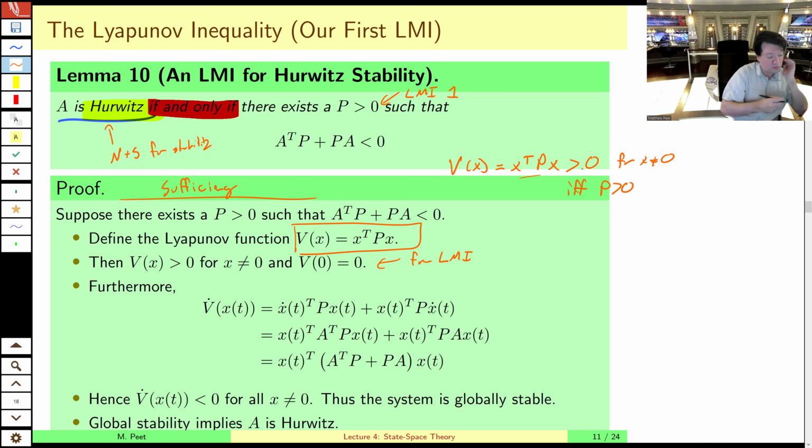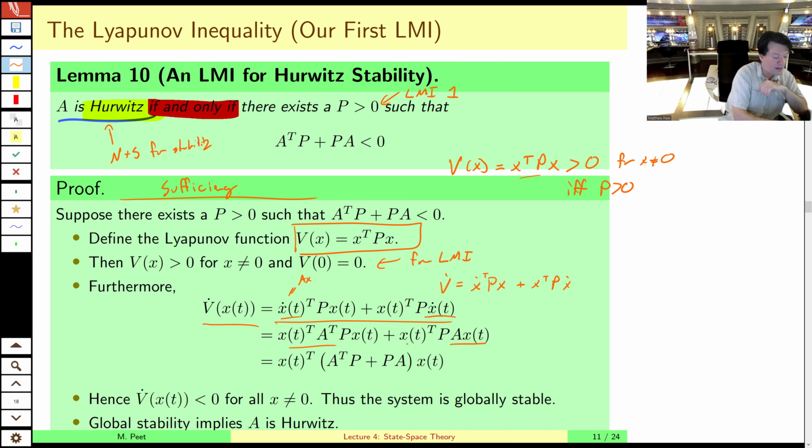Furthermore, if we take its derivative now, and this is a little bit more complicated, but not too much, you take the derivative of this Lyapunov function just by the chain rule: V dot equals x dot transpose Px, and then by the other half x transpose P x dot on the other side. So that's what we have here. Then we plug in x dot equals Ax, and this becomes that, this becomes that.